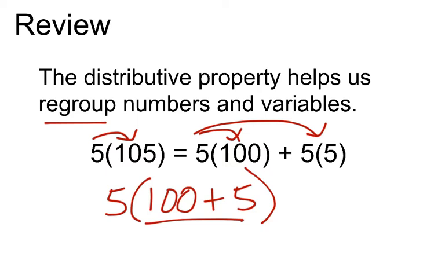We can split up decimals and whole numbers. We can split up parts of fractions or combine things. Whatever you need in order to redistribute the numbers, but you need to make sure you're following the rules. And in this case, you have to apply that 5 to both 100 and 5. If you need help with the distributive property, you can go into previous tutorials and revisit it.